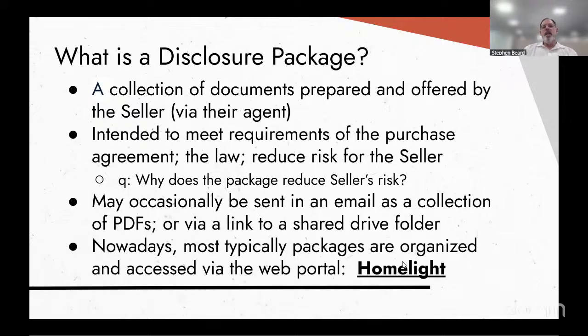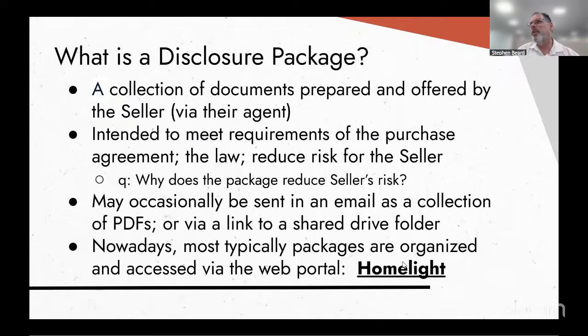Now, in the old days, we would get a UPS package or we would go to the office of the listing agent and pick up a big envelope that had hundreds of printed pages. Then they started sending them as PDFs and as attachments and links in the MLS to PDFs or to a shared drive.